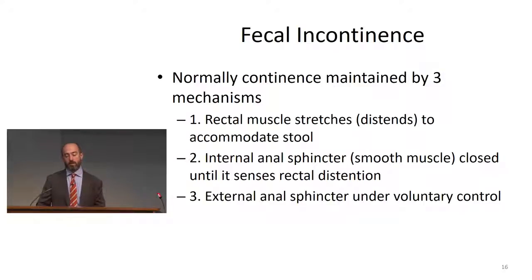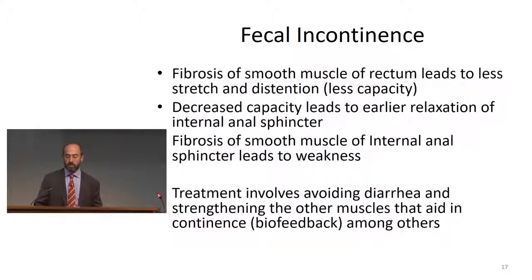And normally our continence is maintained by three mechanisms. Rectal muscle, which stretches and distends to accommodate stool. And then the internal anal sphincter, which is, as I've said, smooth muscle, which is closed until it senses rectal distension. And then the external anal sphincter, which is skeletal muscle and under voluntary control. With scarring of the smooth muscle of the rectum, that leads to less stretch and distension, and thereby less capacity in the rectum.